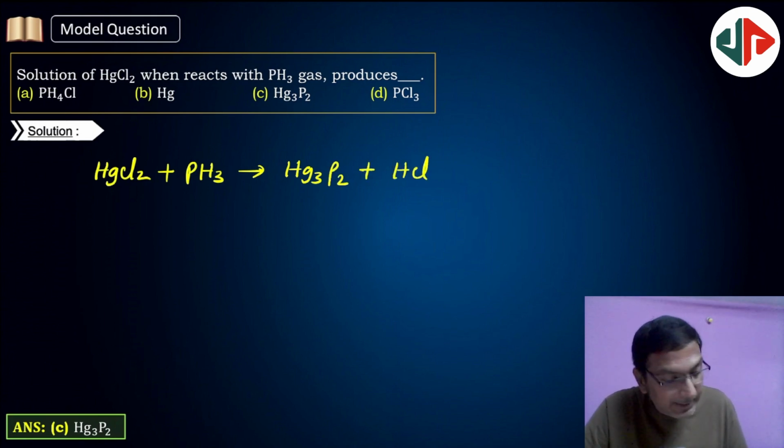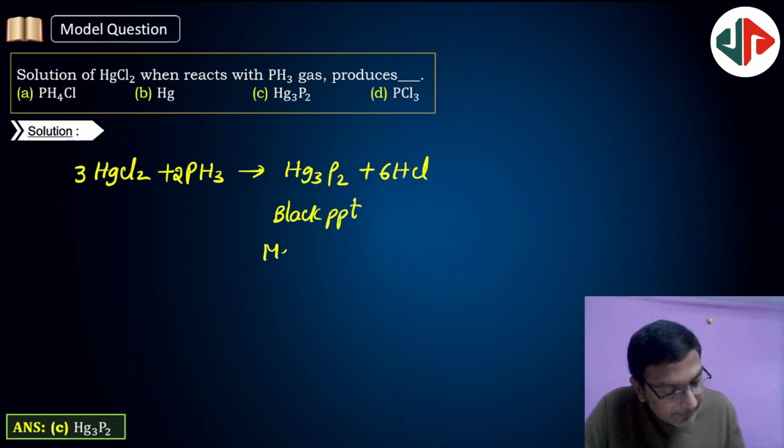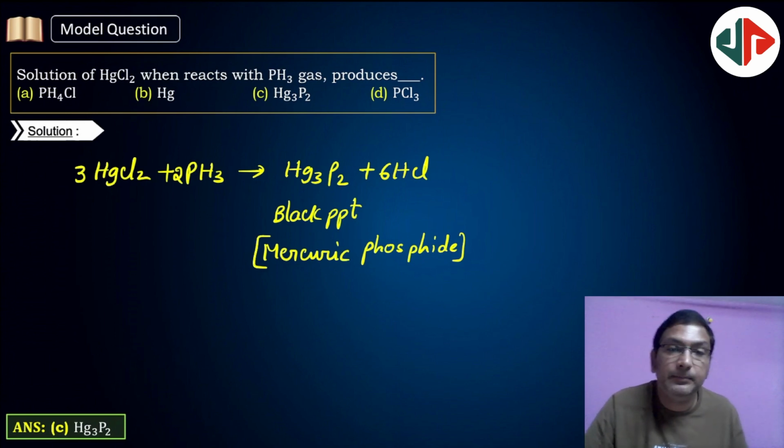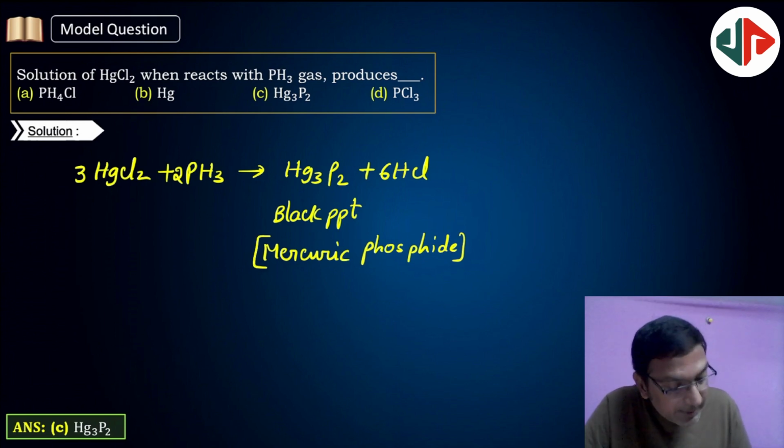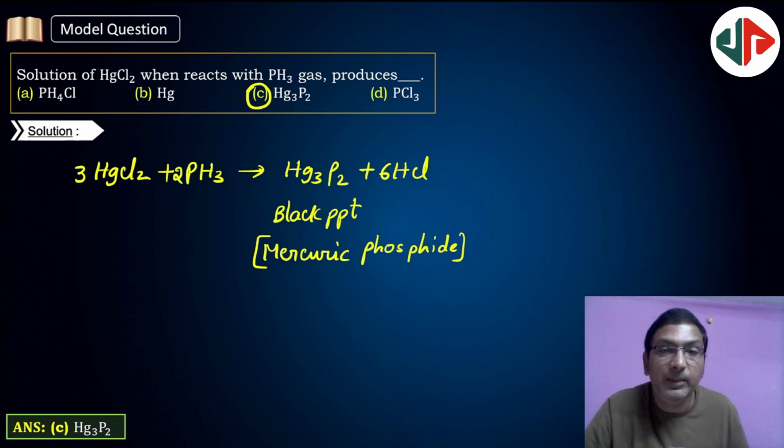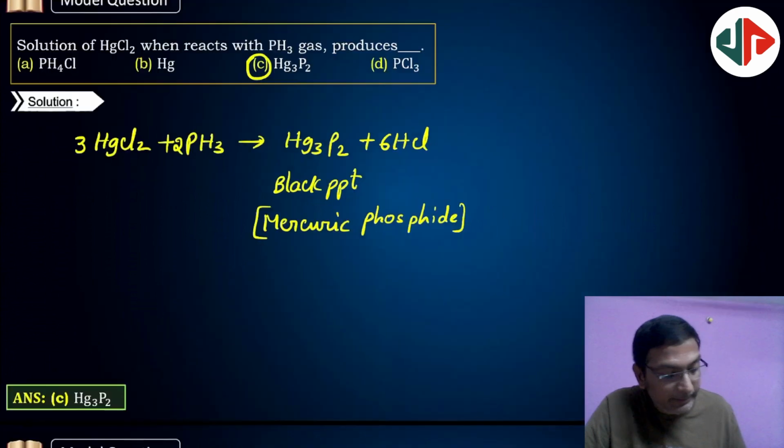So after balancing, here 3 moles, here 2 moles, and here 6 moles. So this is black precipitate. Mercuric phosphide. So option C, Hg3P2 will be formed.